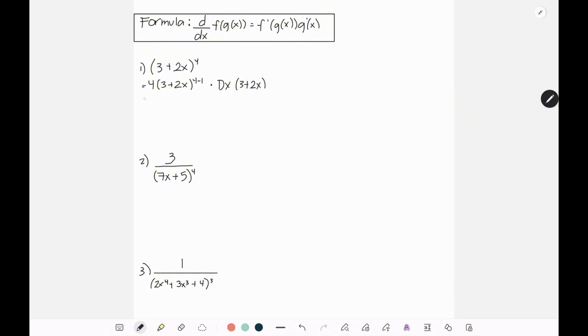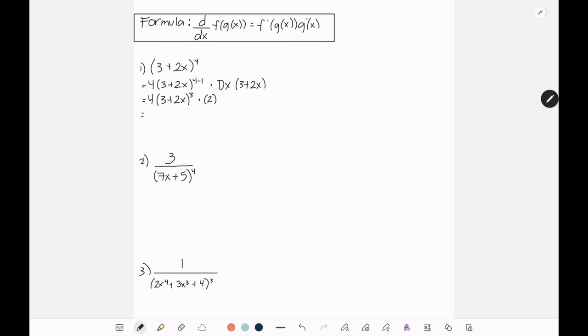Now, after substitute, perform na natin. We have 4, 3 plus 2x. So, hindi natin ginagalaw yung nasa loob ng parentheses, okay? So, 4 minus 1 is 3. Next is the derivative of 3 plus 2x. So, yung 3 mawawala na siya pag dinerivative natin yan. And then, yung 2x natin, kapag dinerivative natin yan, it will be just 2. Alright?